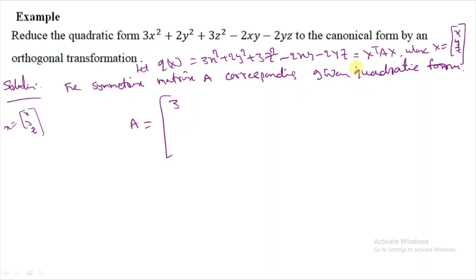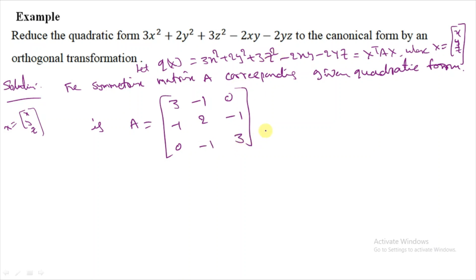The symmetric matrix A corresponding to the given quadratic form: the xy coefficient is minus 2, half of it is minus 1. There is no xz term, so that is 0. The y squared term, and yz is minus 2, so that is minus 1. Then 0, minus 1, and the z squared term.